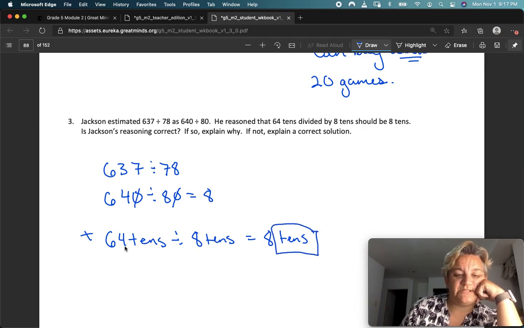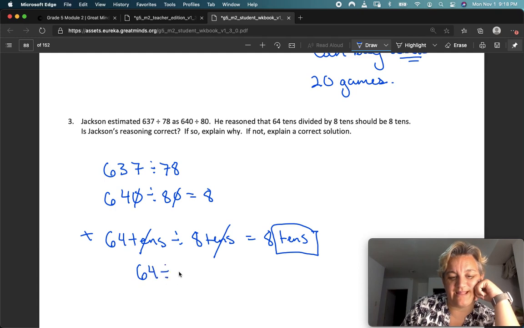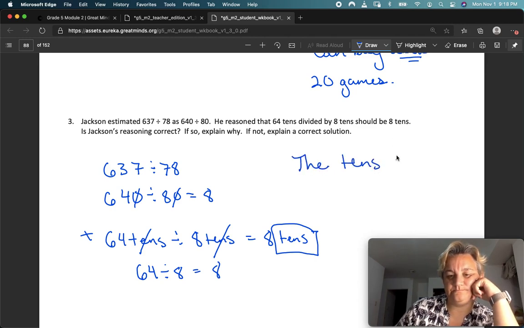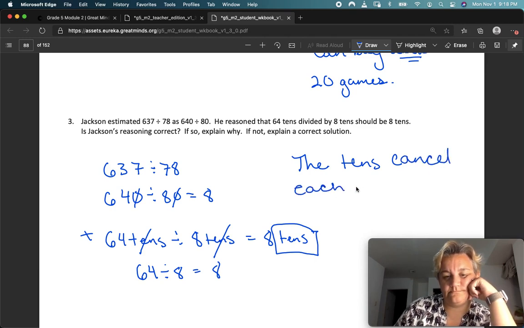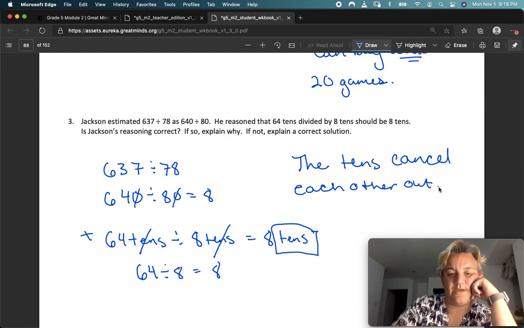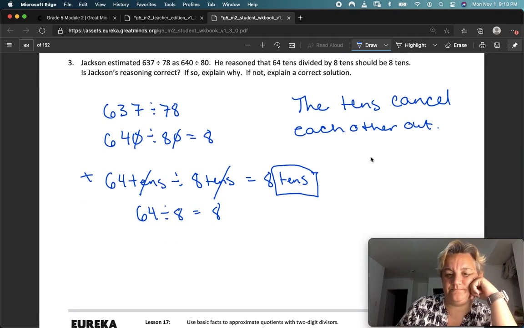Because when you divide 64 tens divided by 8 tens, the tens cancel each other out, and it becomes 64 divided by 8, which equals 8. Okay? The tens cancel each other out. Okay, the answer is 8.